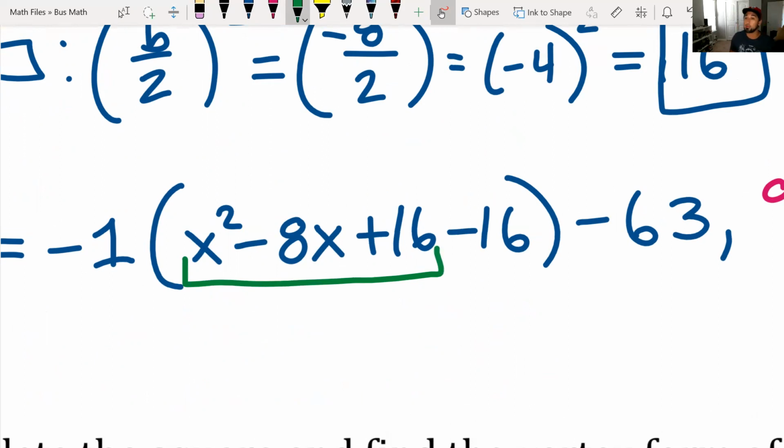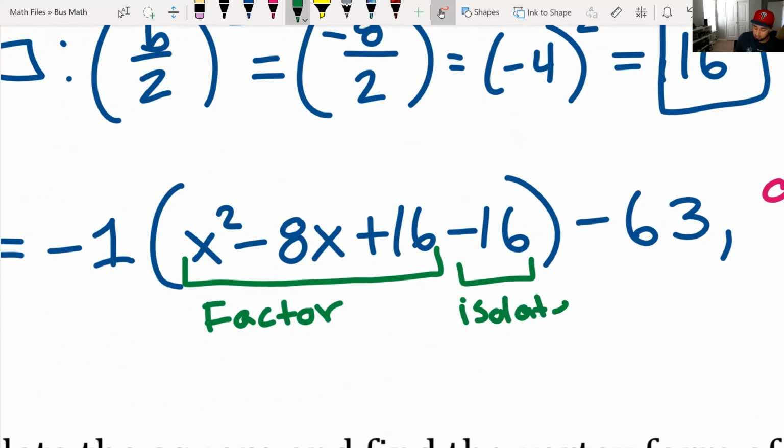I'm gonna put these terms together because this is the part that we can factor. So I'm gonna say factor, and this guy, I'm gonna say isolate, or leave alone, okay? Leave it alone.